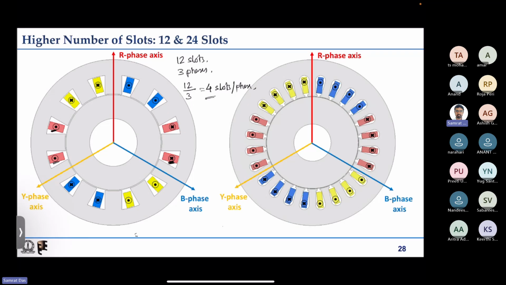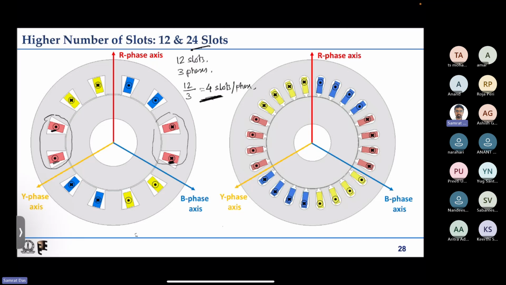In effect, you can see that this whole thing acts like a single dot, and this whole thing acts like a single cross, and still we have the same R phase axis. Similarly, if we have 24 slots instead of 12, then this number increases to 8. So we can have four slots filled with cross conductors, and four other slots of the same phase filled with dot current.